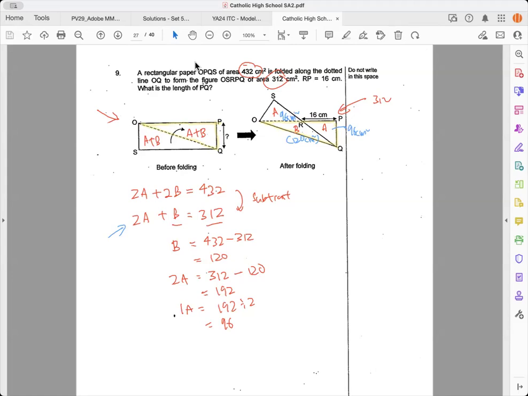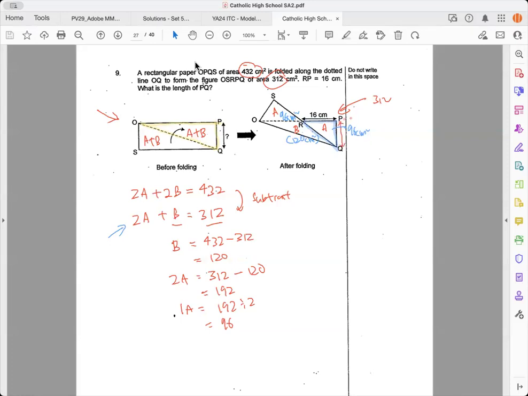Now, let me clear up some pictures. Let's focus on this triangle. This triangle has an area of 96, a height of 16. The base is what you're looking for, PQ.